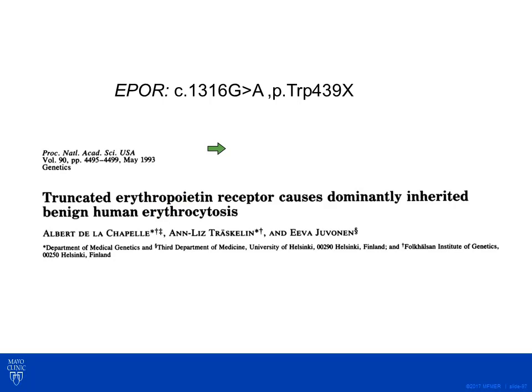This is, in a sense, a highly interesting mutation. It's well documented in the literature. And in some sense, it's famous because this paper indicates this was the very first mutation that was published documenting these EPO-R receptor mutations. And this was first found in a gentleman who was Finnish, and he was a fairly successful cross-country skier.